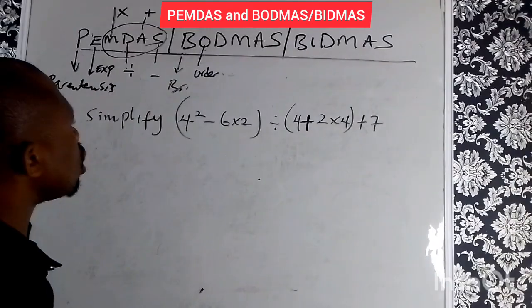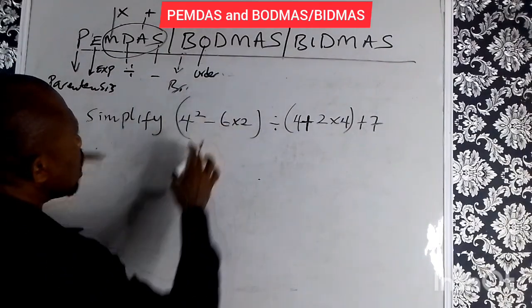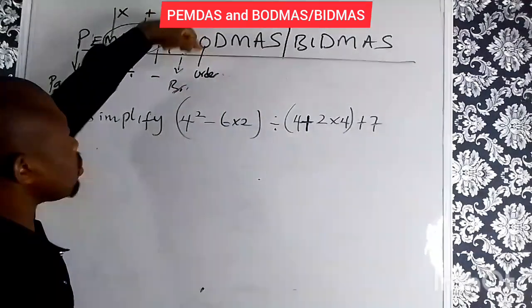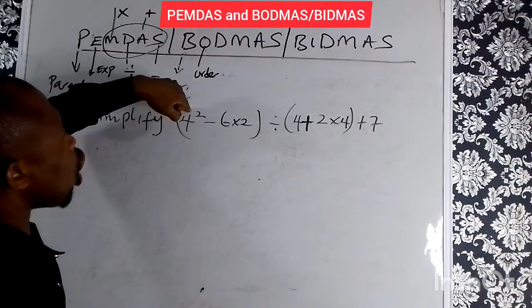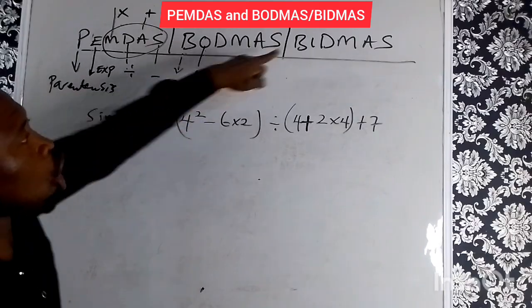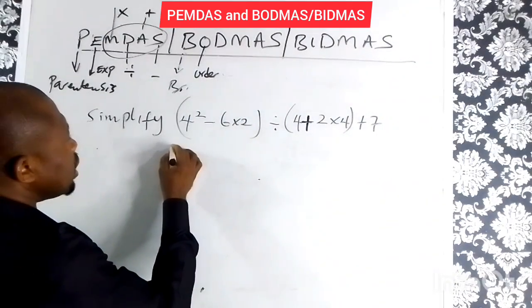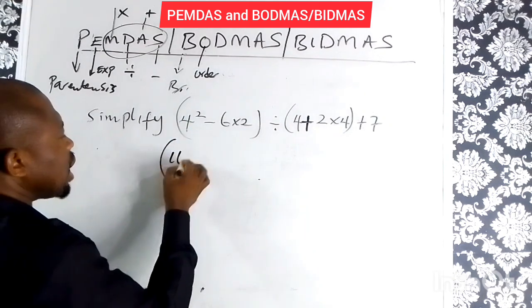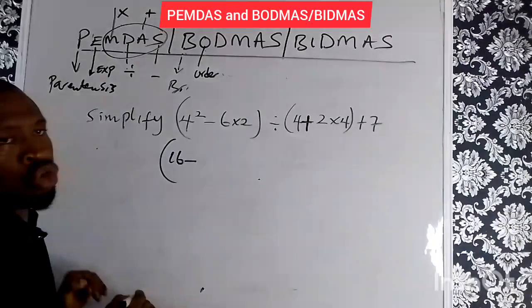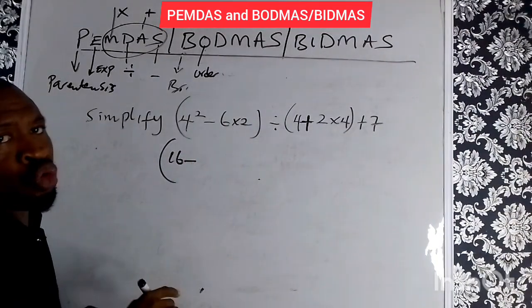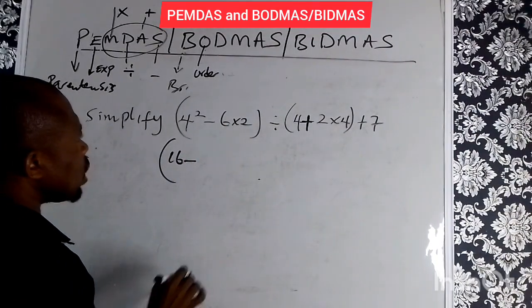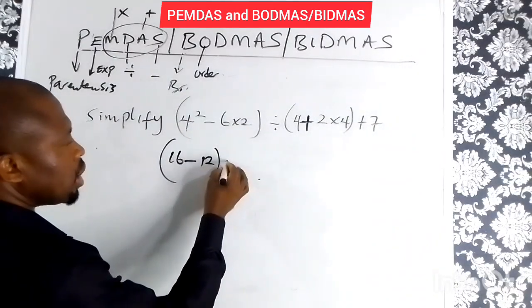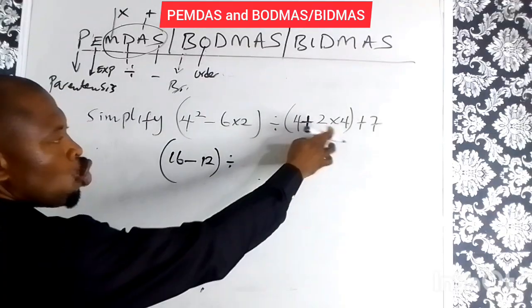Since we'll take BODMAS, bracket, and inside the bracket you take the order. So see, this is what we're taking. The order, or the exponent, or the index number there is 4 squared. So 4 squared is 16 minus 6 times 2. 6 times 2 is 12. We are done with what is in this bracket. Divided by, we can bring these brackets.